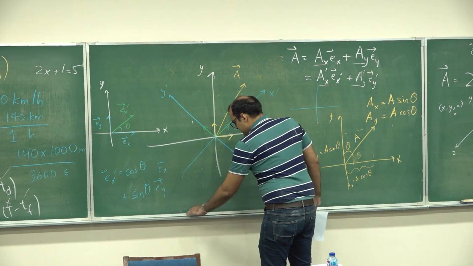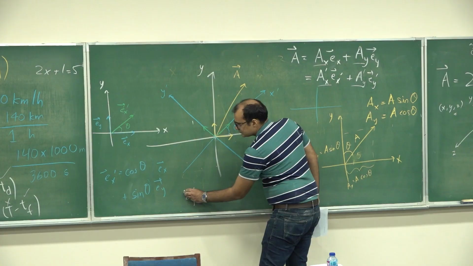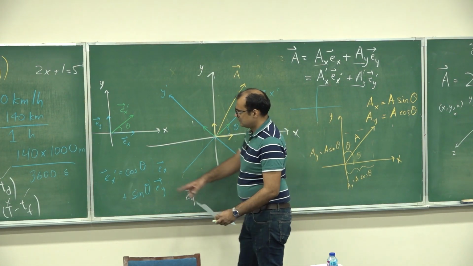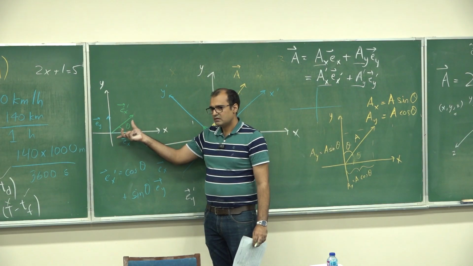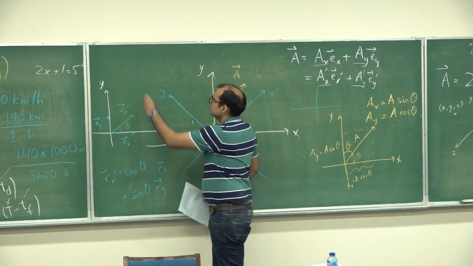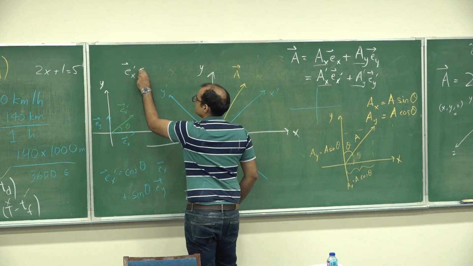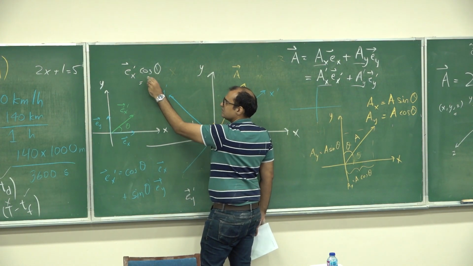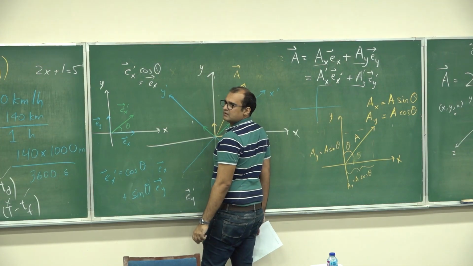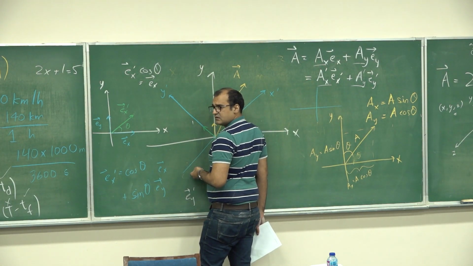Okay, Ey prime. Which one? No, Ex prime is this vector. Ex prime cos theta equals, no. First of all, this is not even consistent.